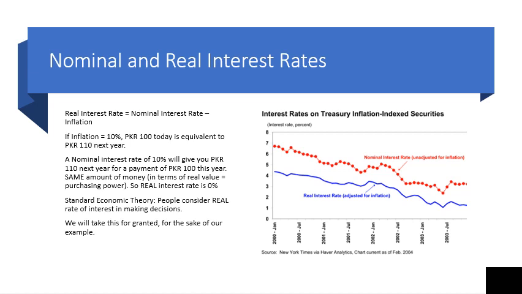So if you earn 110, you have actually only made $5 and not $10, because 5 of those dollars have been lost, the purchasing power has been eroded by inflation. So that's why the formula is that the real interest rate is the nominal interest rate, what you see, minus the inflation.